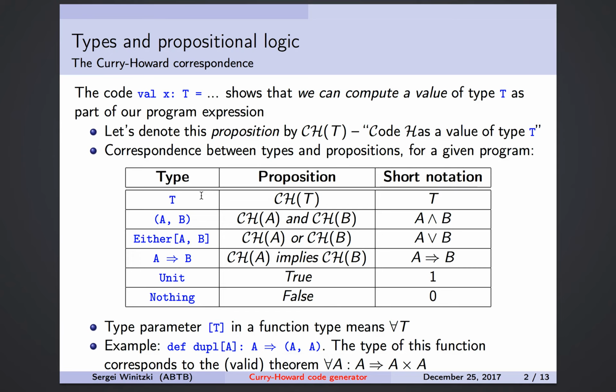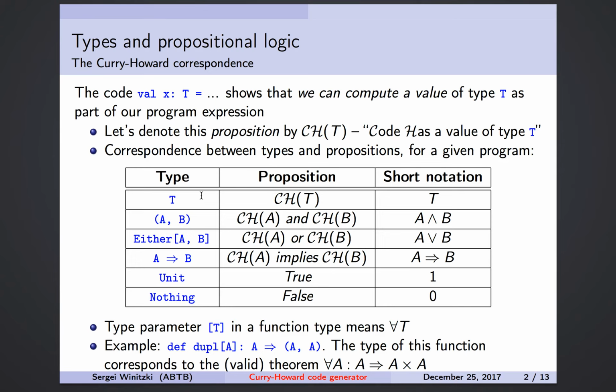This is a correspondence between types in the programming language, such as integer, string, or Boolean, and logical propositions. And also, this is a correspondence between code in a programming language and proofs of logical propositions. The whole point of this project is to make some practical use of this correspondence.